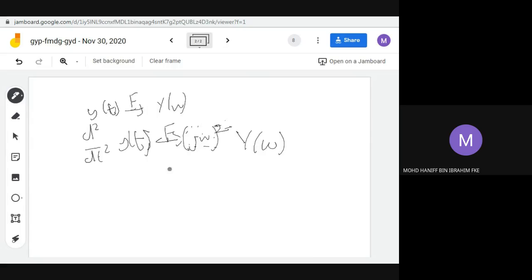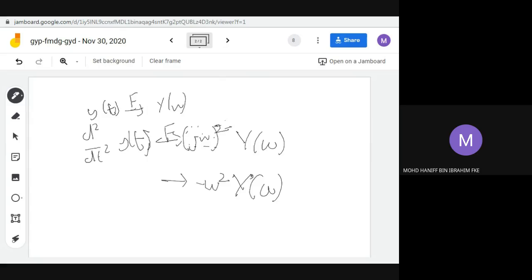Supposedly that should be equal to negative omega squared of Y(omega). Okay, that should be the case.